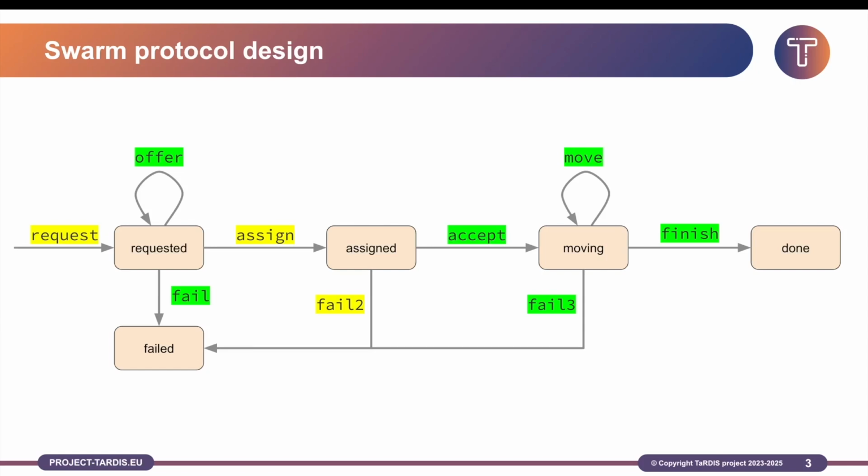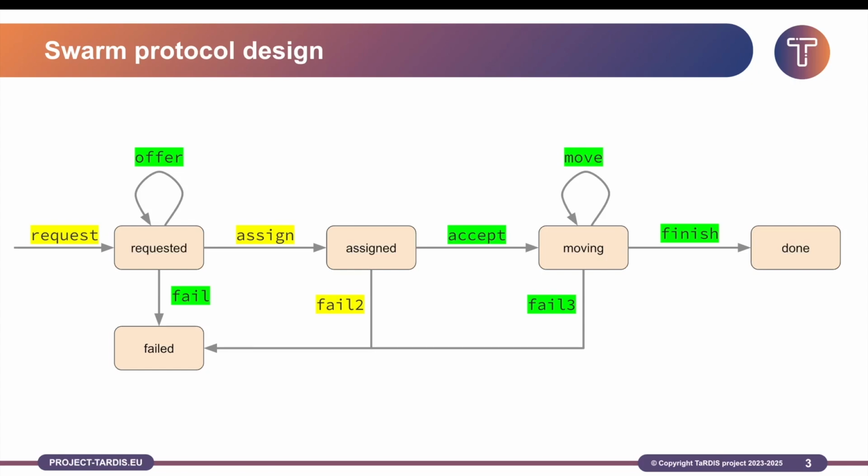The next thing that happens is that after the plant has assigned the robot needs to accept that it now takes on this job. So the fail to is for the case where the robot does not accept in time. Now, after accepting, we expect the robot to perform the job. And for that, it will be in the moving state.